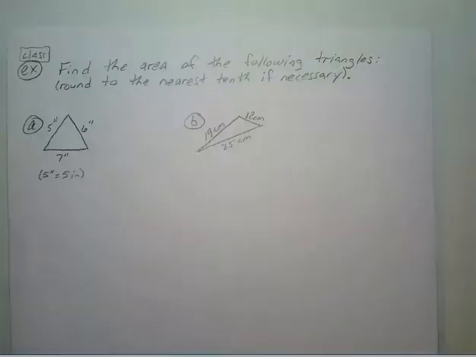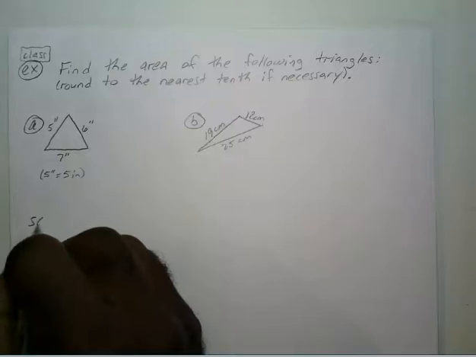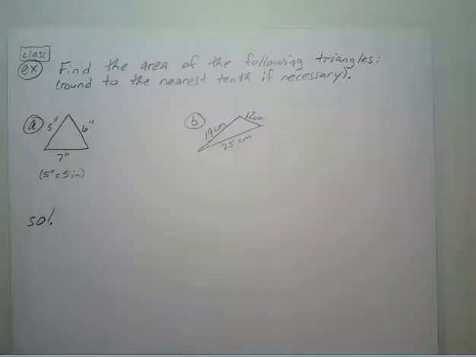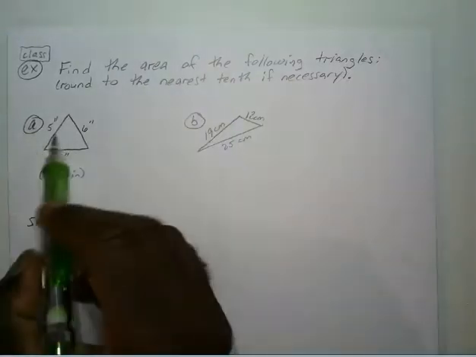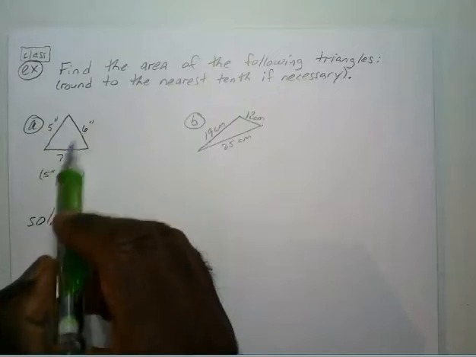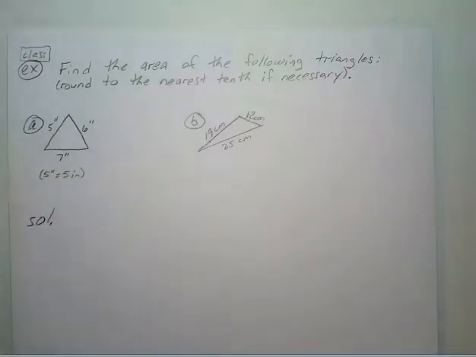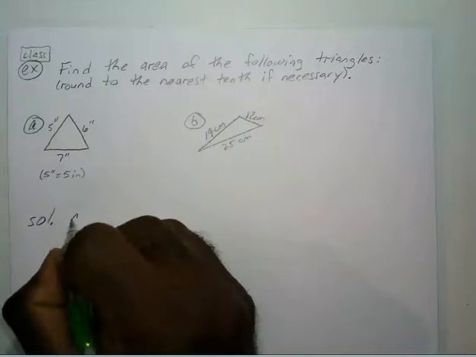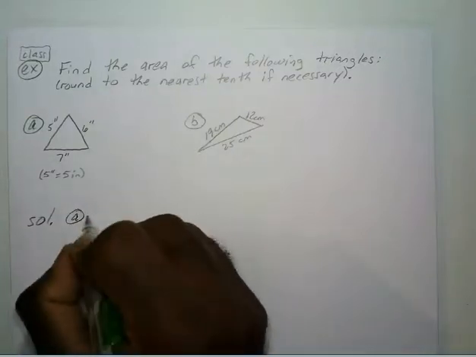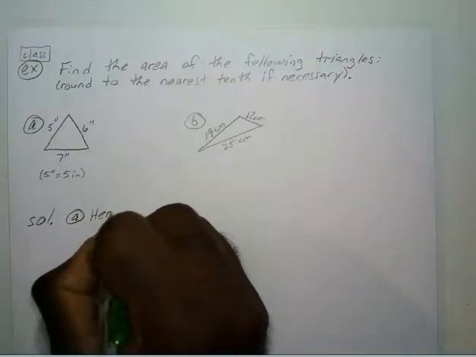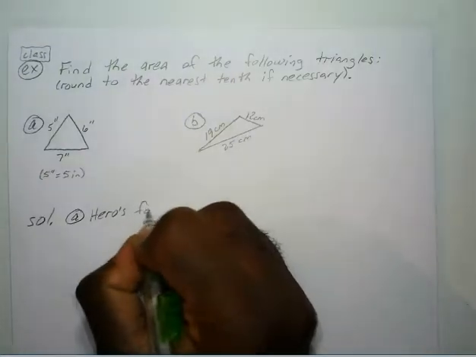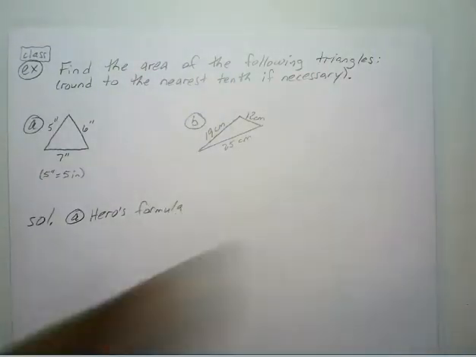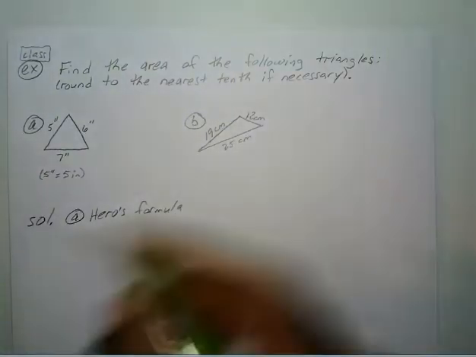All right. So assuming you've pressed pause and already worked this one out, let's go ahead and verify. Okay, so we see here we have all different lengths of the sides. So we pretty much know we're going to use Hero's formula. Okay.